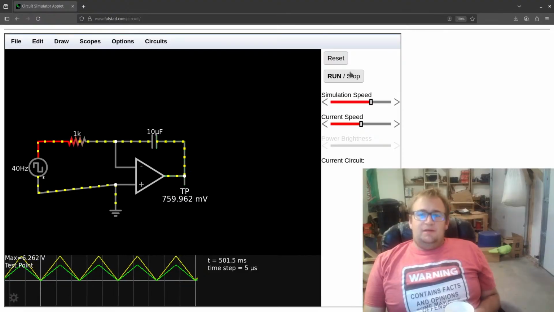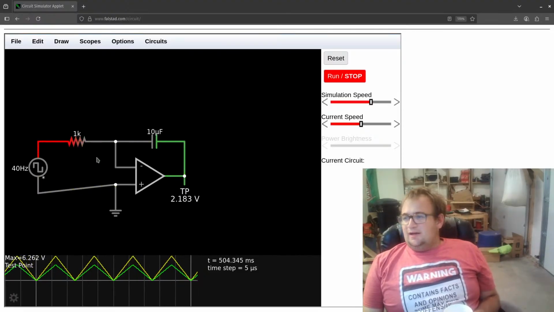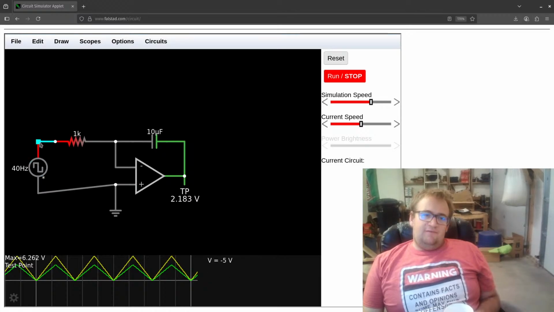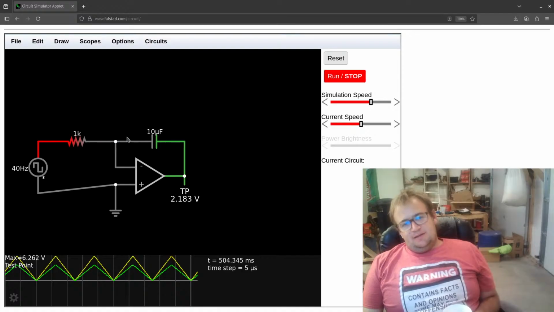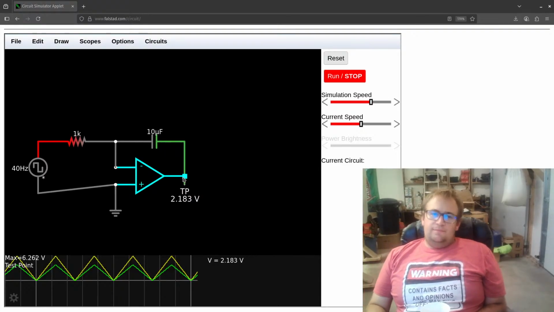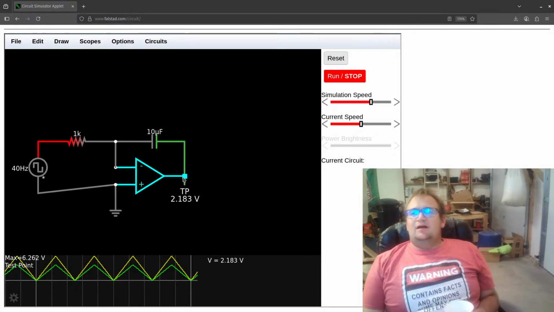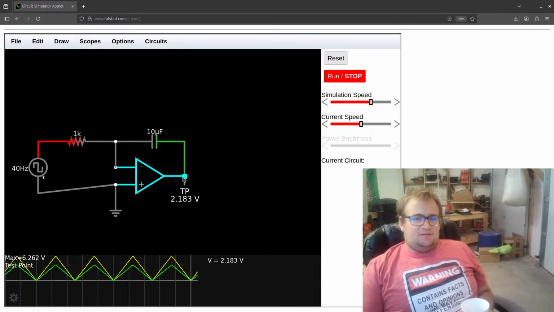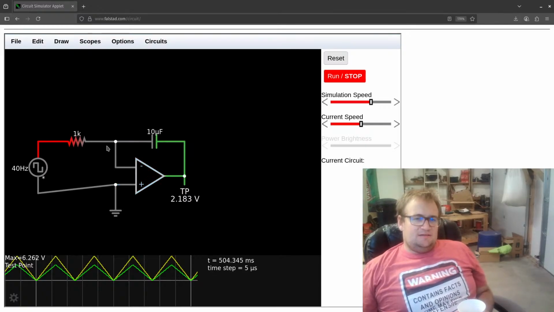Let's just stop it for a second while I try to explain myself. So if this is at 5 volts, then this is going to be transmitting 5 milliamps. That means that this is going to shoot up to whatever its max is to try and get this back to where it should be.